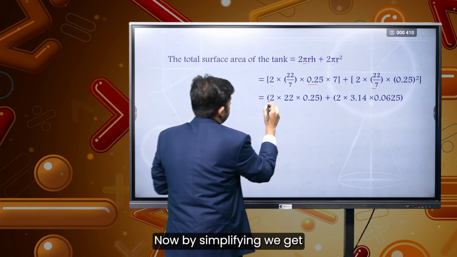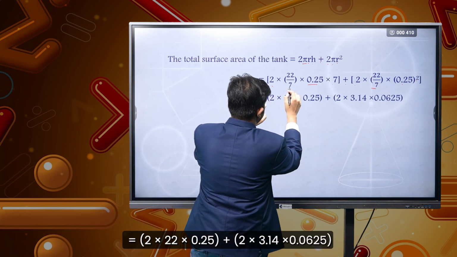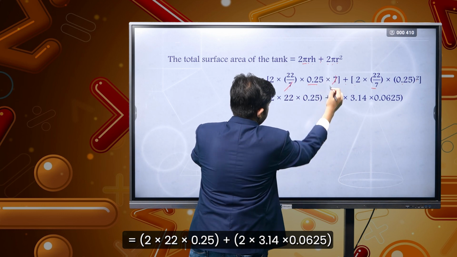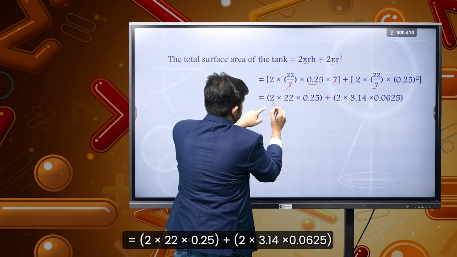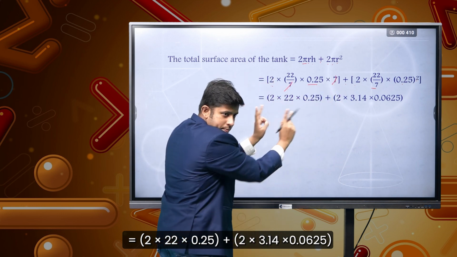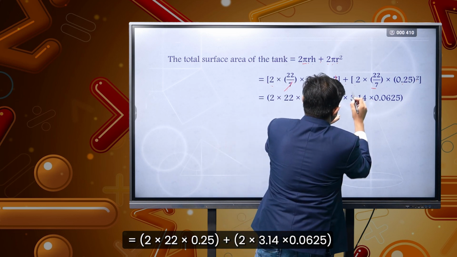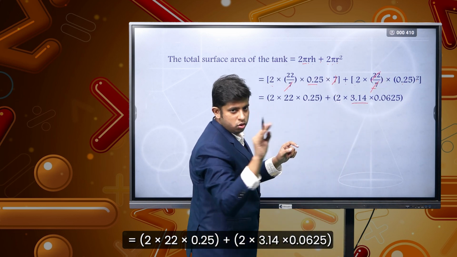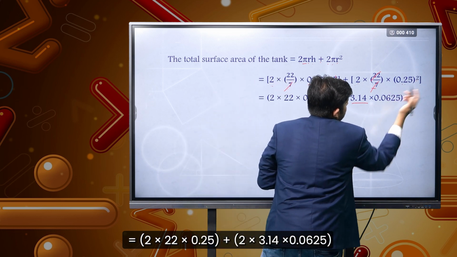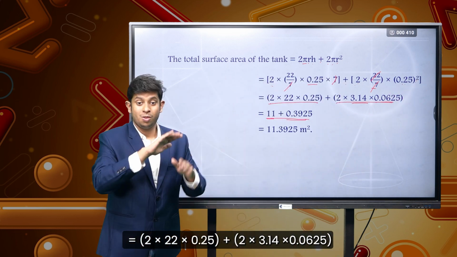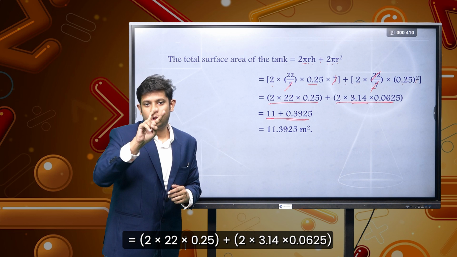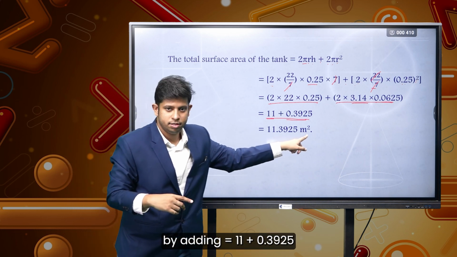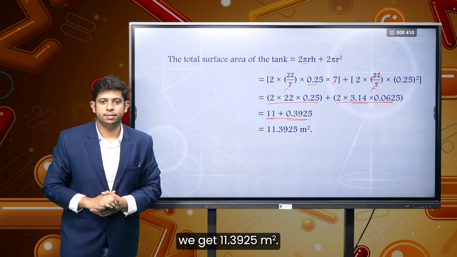Now, by simplifying, we get 2 into 22 into 0.25 plus 2 into 3.14 into 0.0625. By adding 11 plus 0.3925, we get 11.3925 meters square.